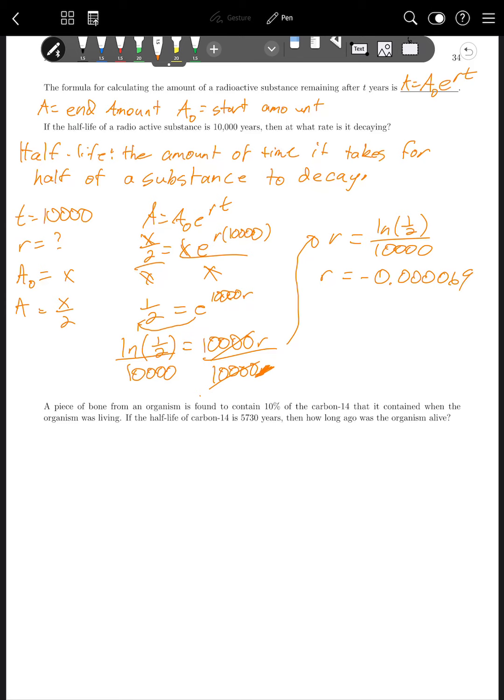So that would be negative 0.0069%. Okay, so it's less than 1% a year that it's decaying.